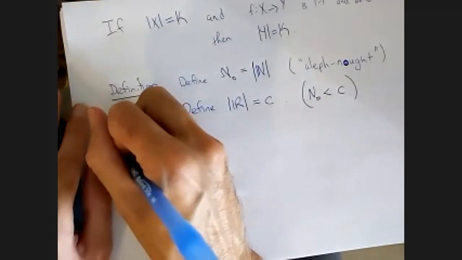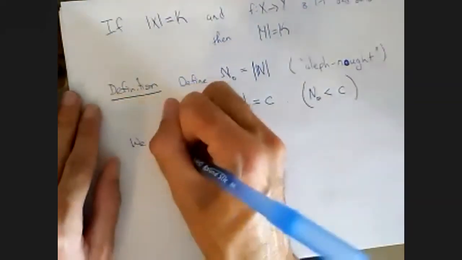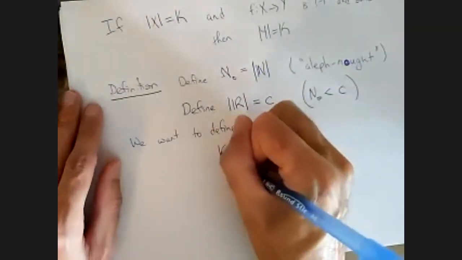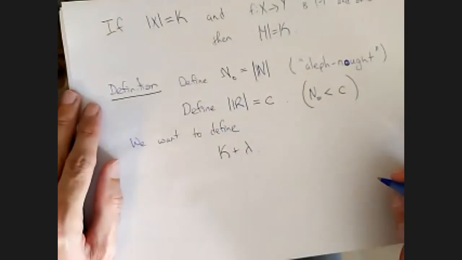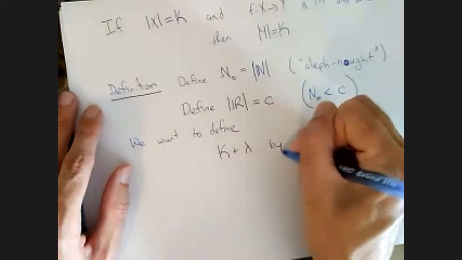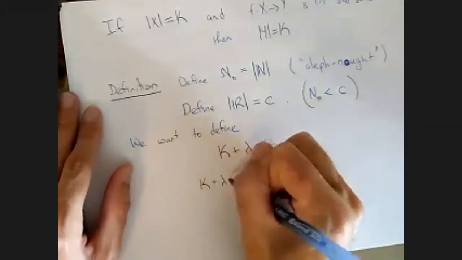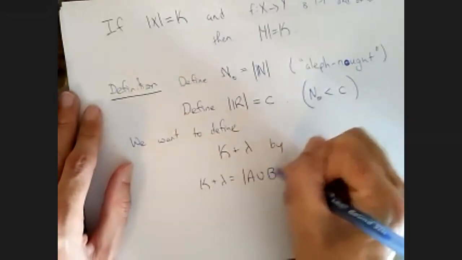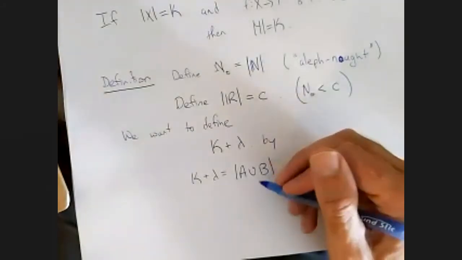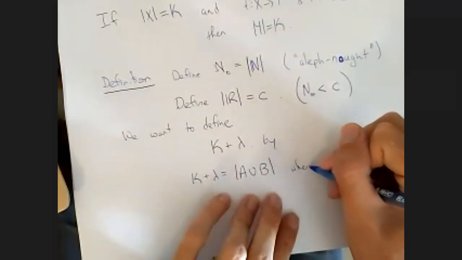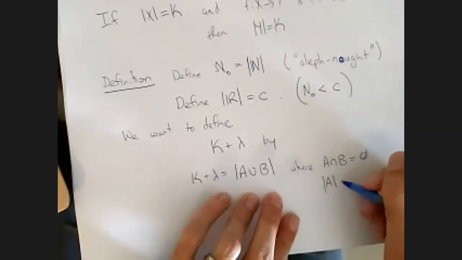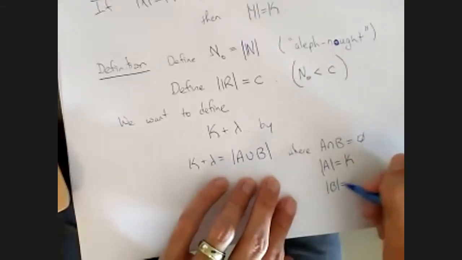Okay, so now we also want to define the sum of two cardinal numbers. Well, it should be the cardinality of the union of A and B, where A intersect B is empty, and the cardinality of A is kappa, and the cardinality of B is lambda.